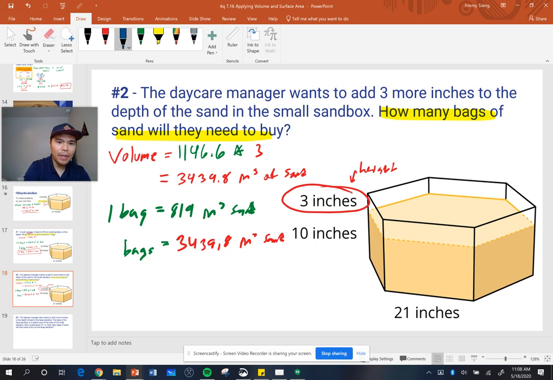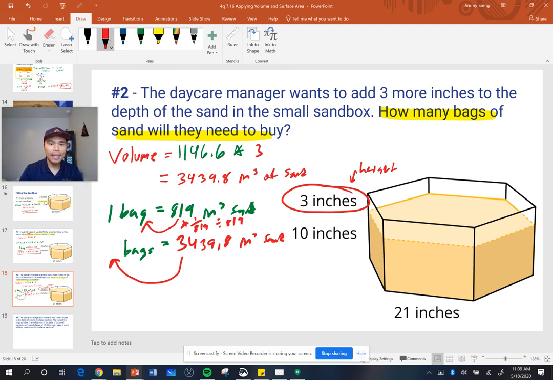So how do I go from volume to bags? Basically, we need to find that constant of proportionality again, right? So what do I need to times 819 by to get 1? I know that I need to times this by 1 over 819, or divide by 819, right?